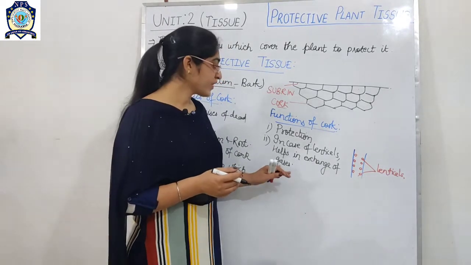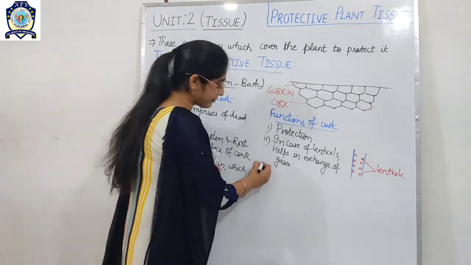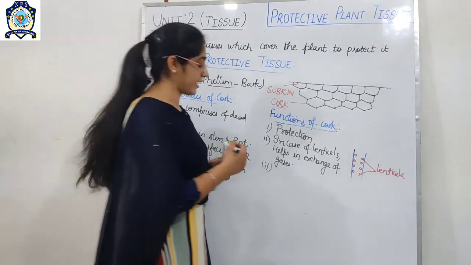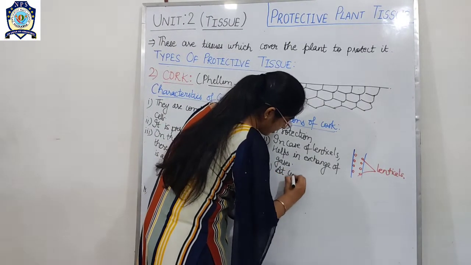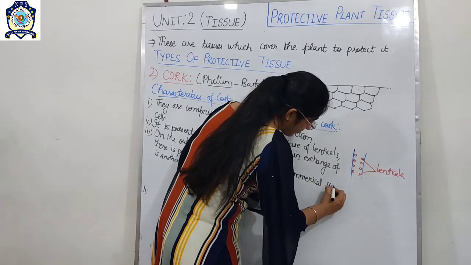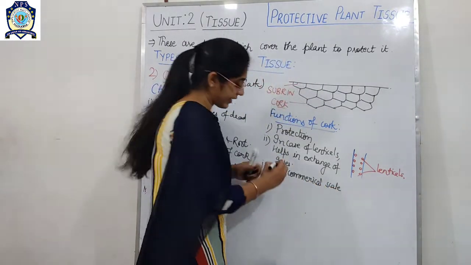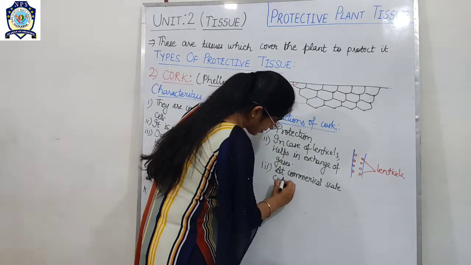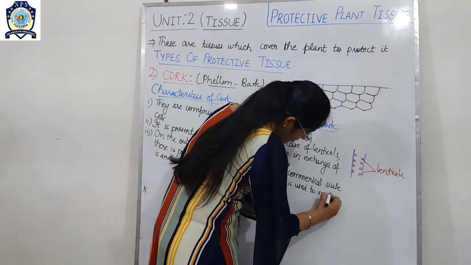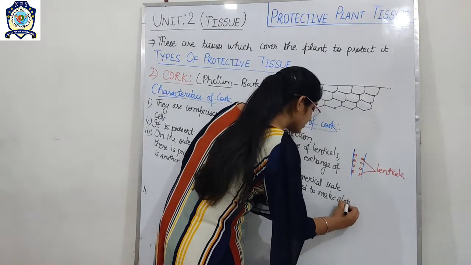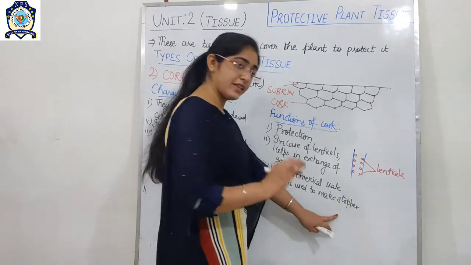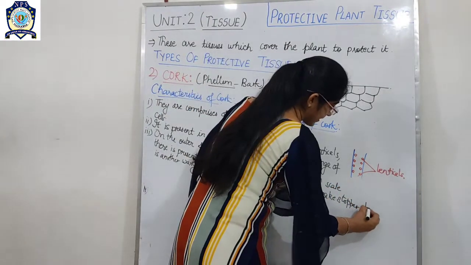Lenticels are the small pores present in case of the older stem. Am I clear? Any other function: at commercial scale, meaning at large scale, cork is used to make stoppers, to hold something in place.